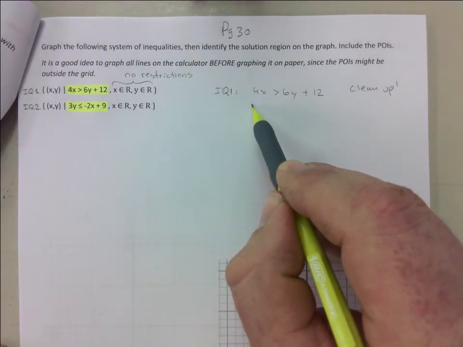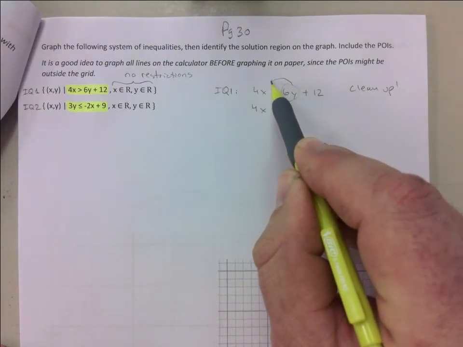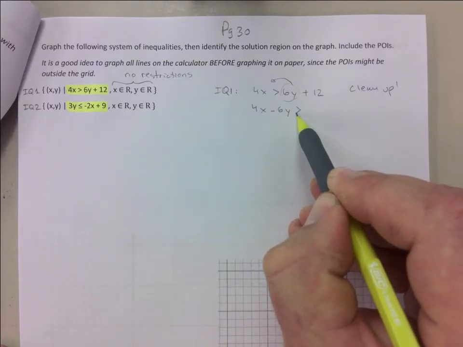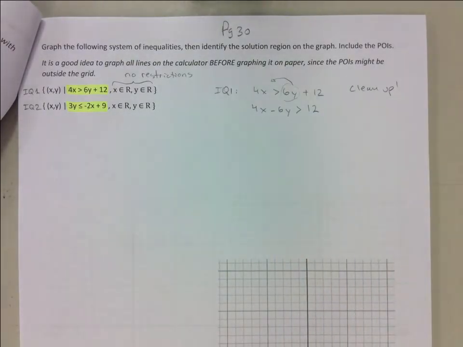So I'm going to go 4x, the 6y comes over, right? This is kind of how we want it. If you go to a different school, different teacher, that teacher may not ask you to do this, but over the years, I've found that it causes the least amount of issues when you do it this way. That's all I'm saying, okay?